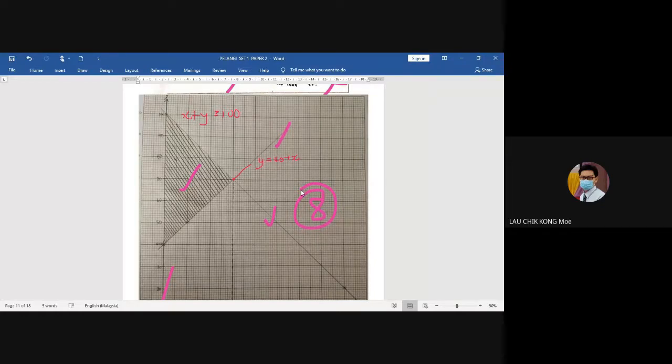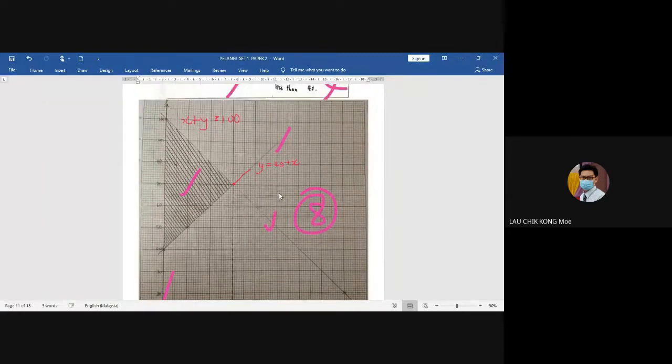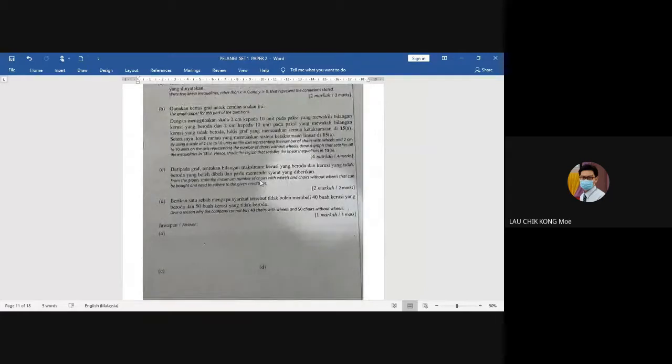Okay, and then C: from the graph, state the maximum number of chairs with wheels and without wheels that can be bought and need to adhere to the given conditions. Have you seen the word maximum here?